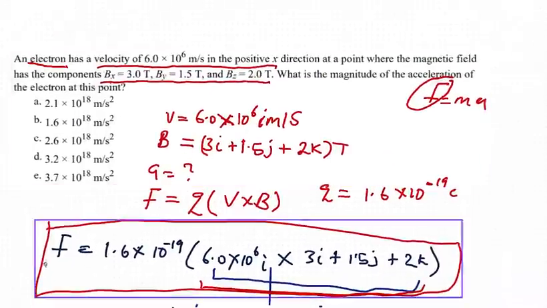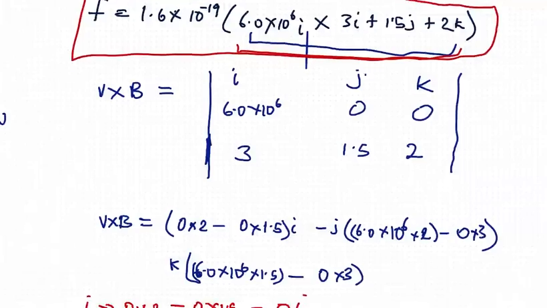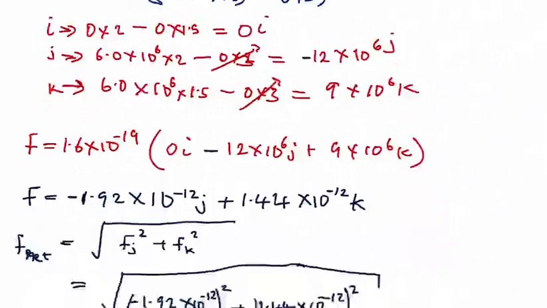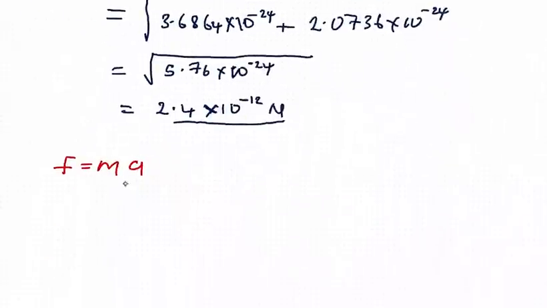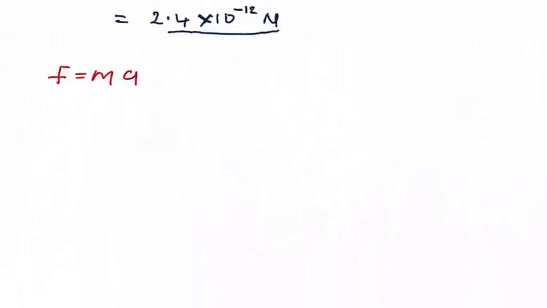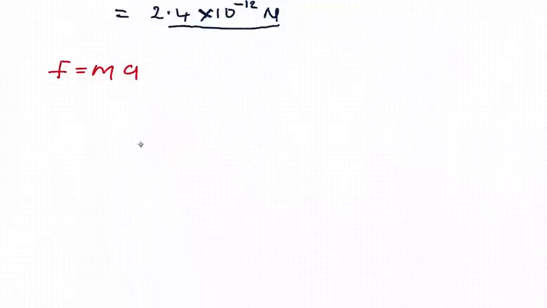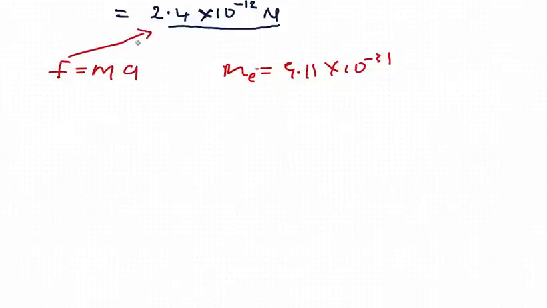So the m should be the mass of the electron, m(e), which is 9.11 times 10 to power minus 31. And we've gotten the net force to be this.